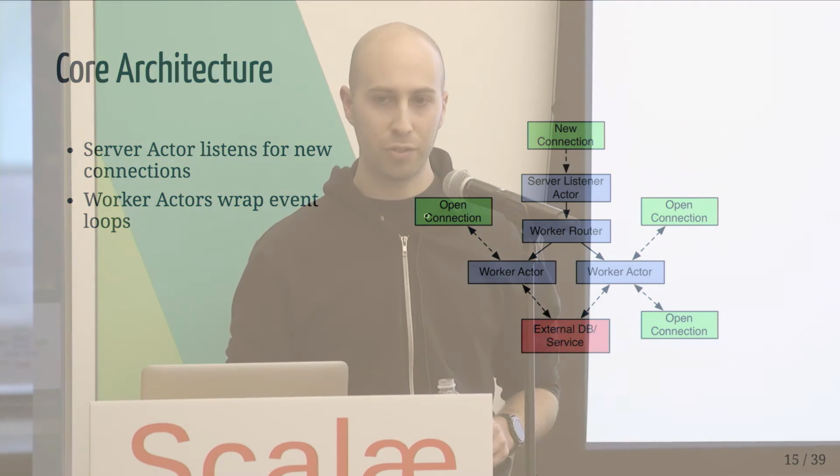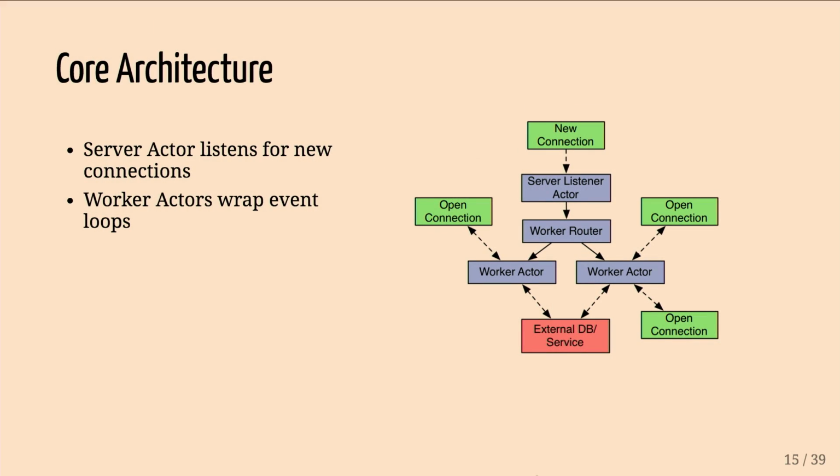And as those new connections come in, it's going to forward them to one of n number of worker actors. And these are the actors that maintain the event loops that process these events coming in on these connections. And this is basically where all of the real guts of Colossus live, inside these workers. So you can see that once the connection is opened, it's going to stay bound to a single worker. And we use a router that sits in front of these to evenly distribute connections to each worker.